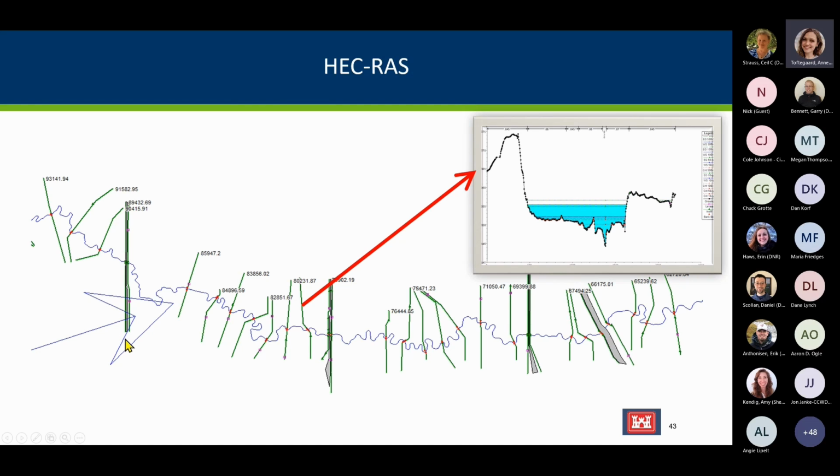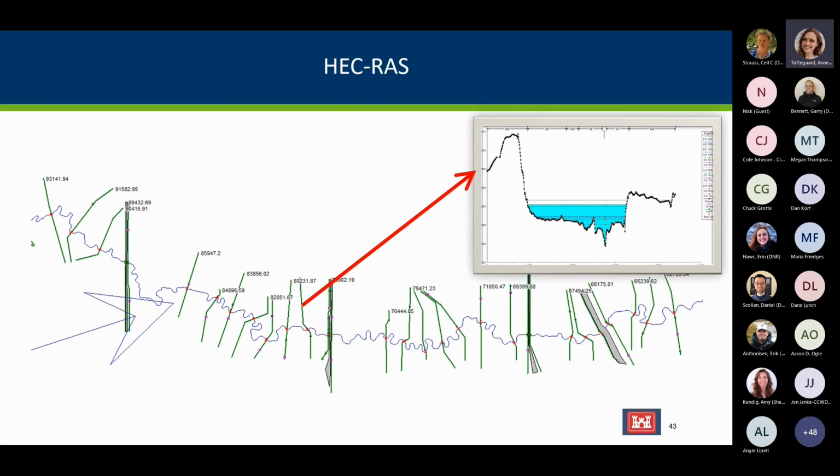In this HEC-RAS model, the green lines that you see here are called cross sections, and the cross sections basically take a snapshot of the land under the line. And then you can see what's contained within that cross section here in the top right. All of the black dots are an elevation shot, and those elevations are usually a mix of LiDAR and survey data.